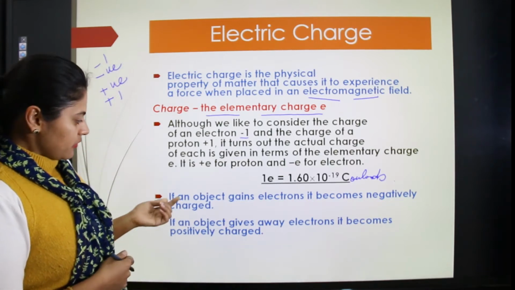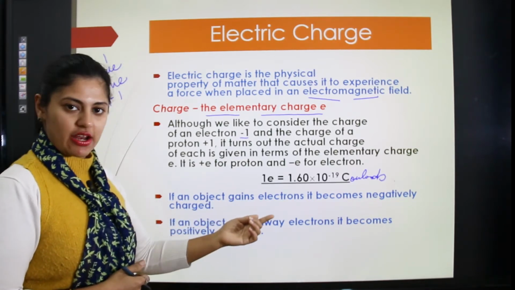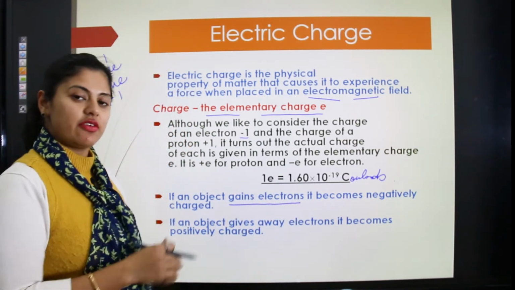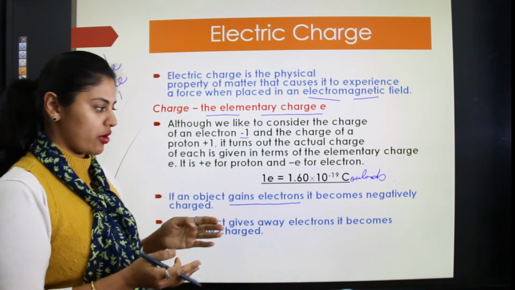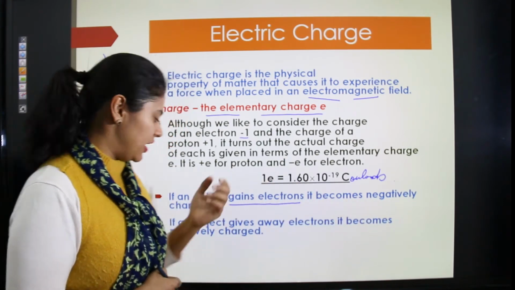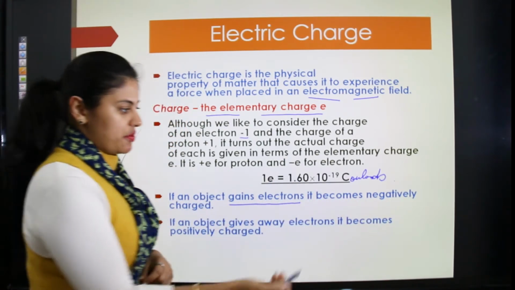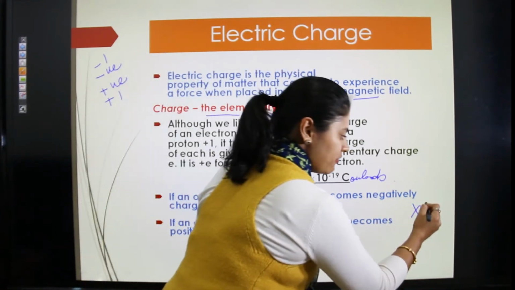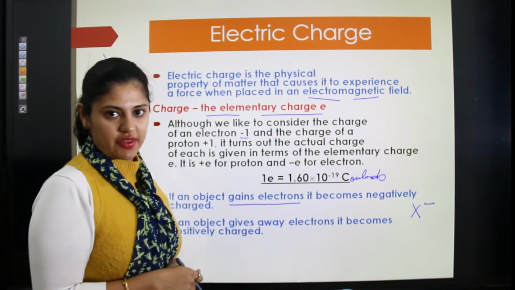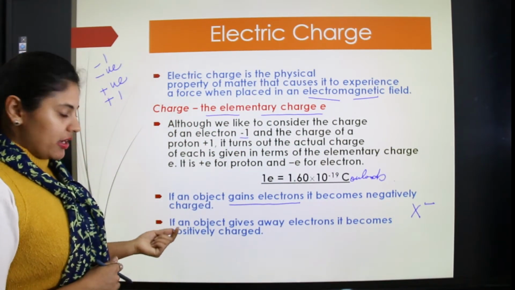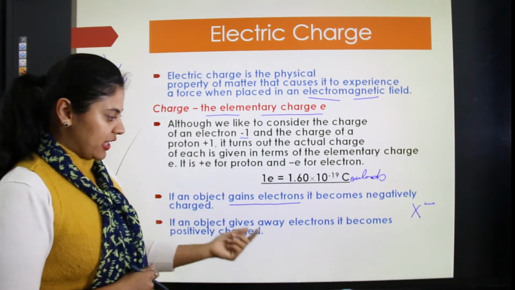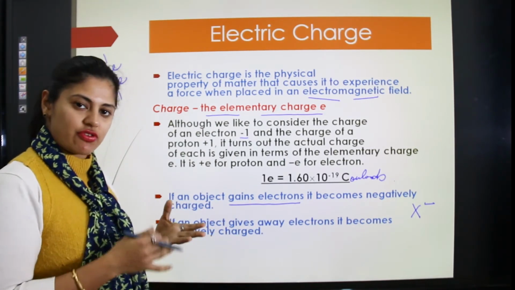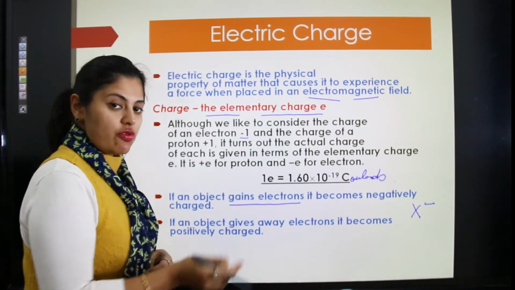Okay. If an object gains electrons, meaning if there are excessive electrons gained by somebody, it becomes negatively charged. Suppose X is a body and it gains many electrons, then there will be a negative charge on that body. Similarly, on the other hand, if an object gives away electrons, it has excessive electrons and gives them away. Why do they give away?